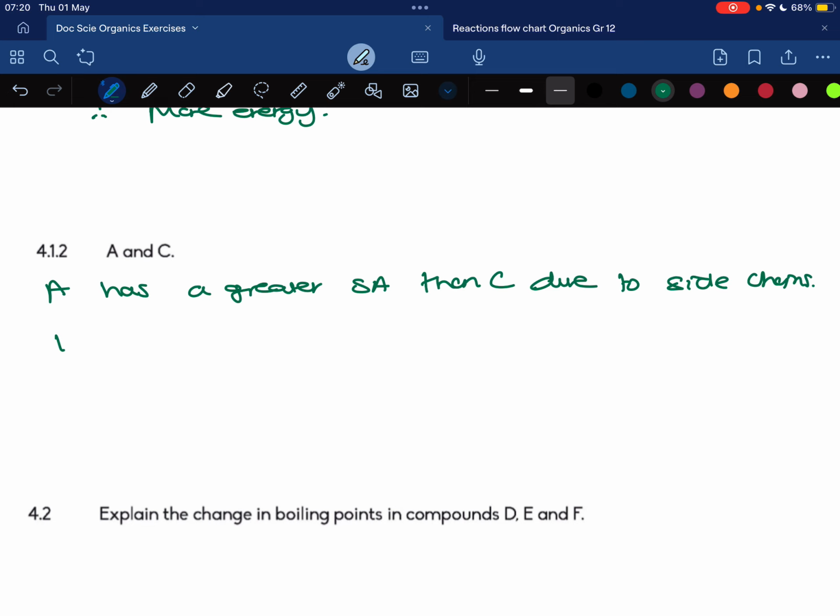So therefore A has stronger London forces, more energy needed to overcome the forces, therefore A has the higher BP.